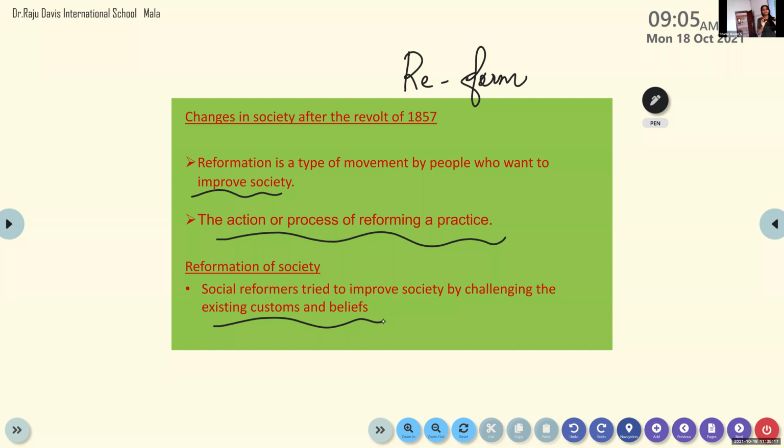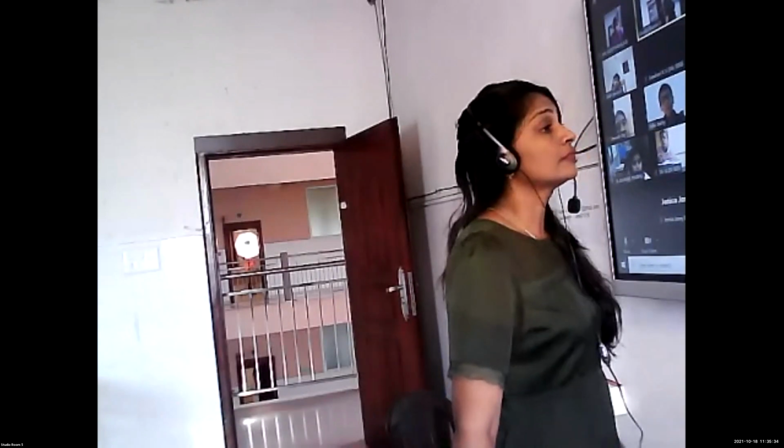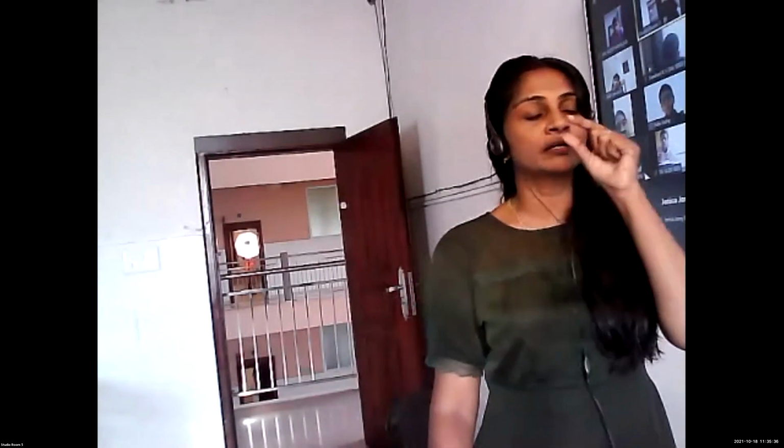What are the existing customs and beliefs? Sati, widow remarriage was not allowed. Women were not allowed to study. Also, children, I have told you about the 1857 revolt. Do you know about it? At that time there was a belief that if they crossed the sea, they would lose their religion.